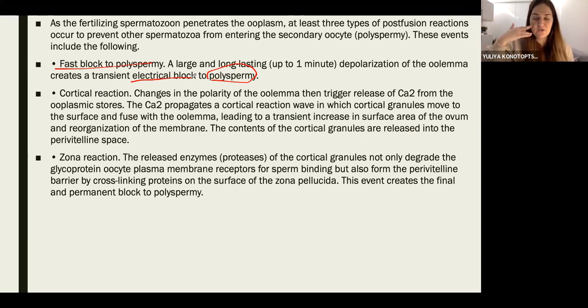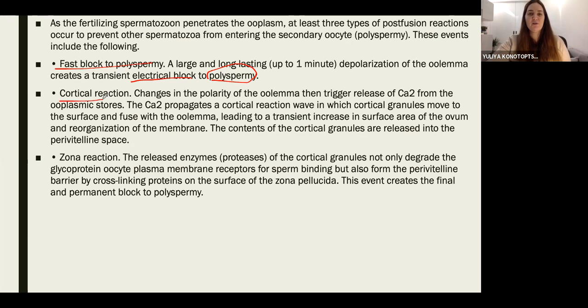It's relatively short because it's 1 minute, but can you imagine for an oocyte to have its plasma membrane depolarized for 1 minute? That's long for an oocyte, but for us it's of course short. So that's one way: just depolarize the membrane, and the spermatozoa will not want to come in.